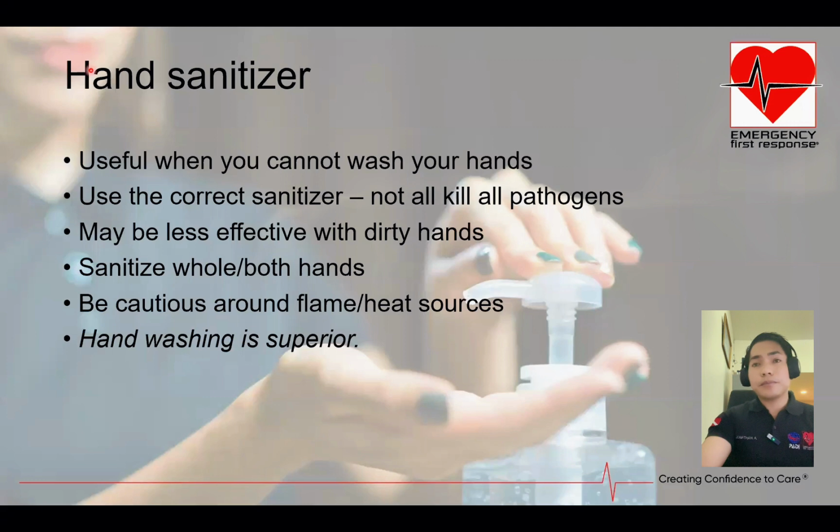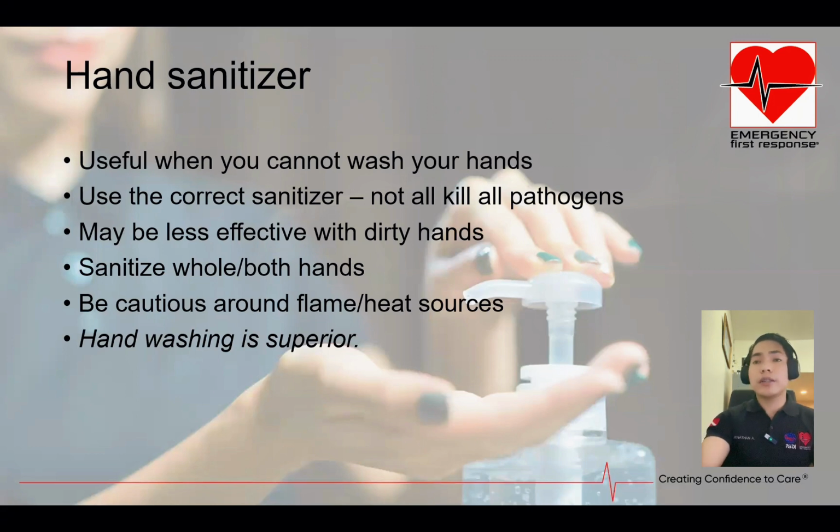Okay? So now let's talk about hand sanitizer. Hand sanitizer is also useful as an option when you cannot wash your hands. However, it is important to use the correct hand sanitizer for the pathogen causing risk. Always remember that not all sanitizers kill all pathogens.